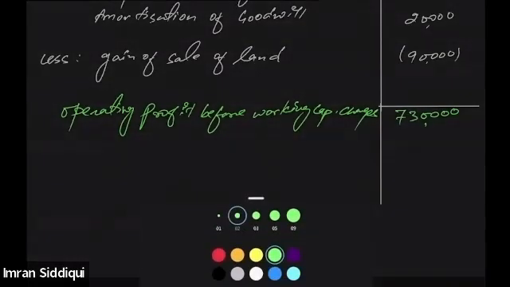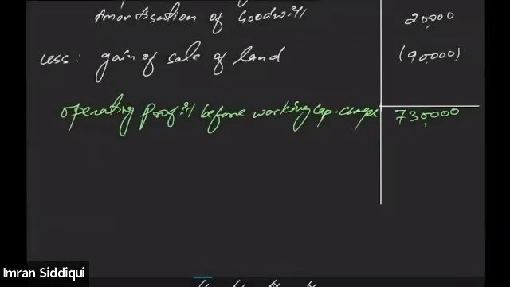Then what else we need to do after this? After this, we have to add the decrease in the value of the, sorry, increase in the value of the current asset. Right now, as per the format, we have to add increase in the value of the current asset.